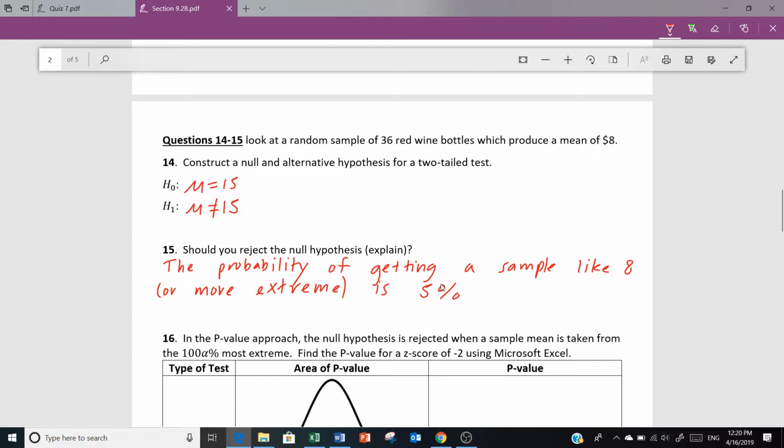That is low. Since that was a very low probability of getting a sample mean like 8, we will reject. The lower the probability, the more extreme. I'm going to reject.